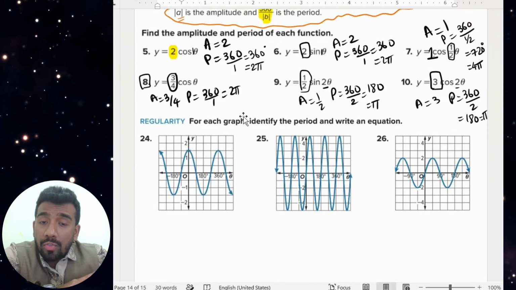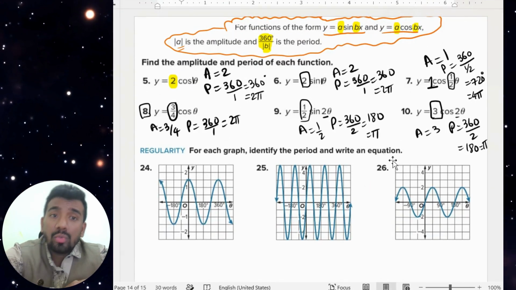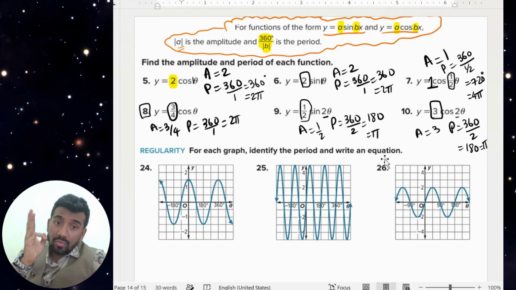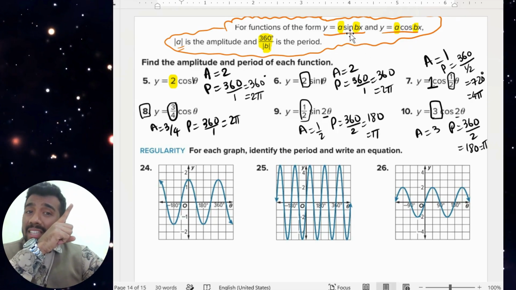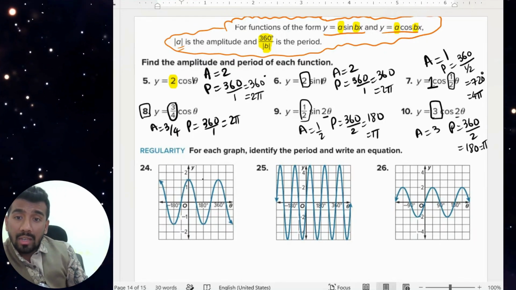Okay, first of all, to write any equation you need three things. First thing, you need to know whether it is sine or cosine. I'll write down over here.